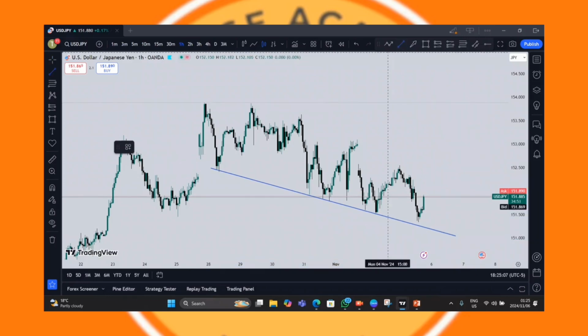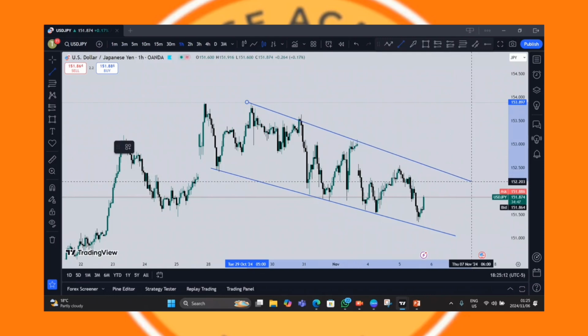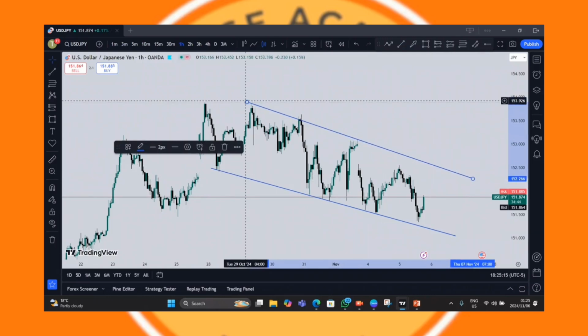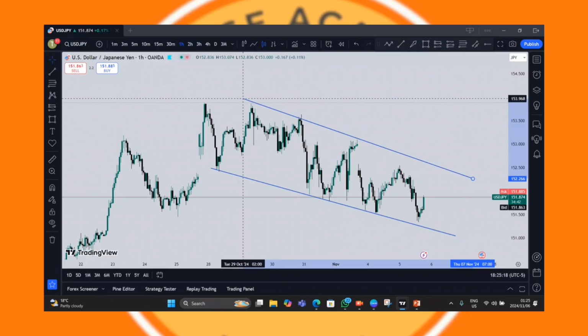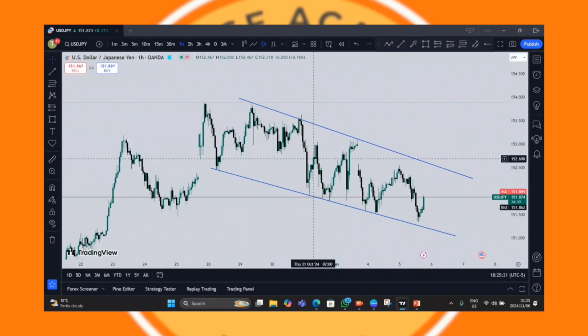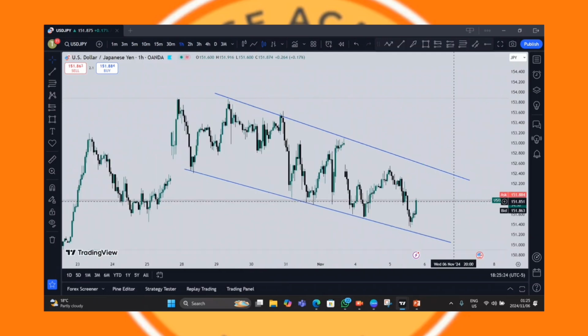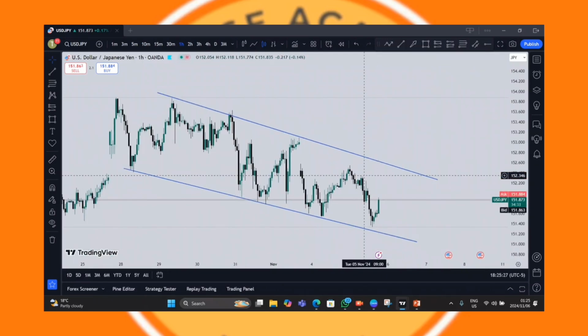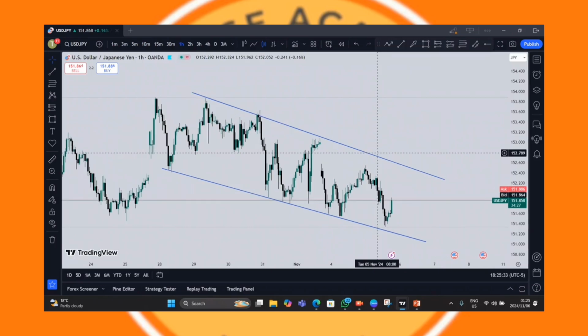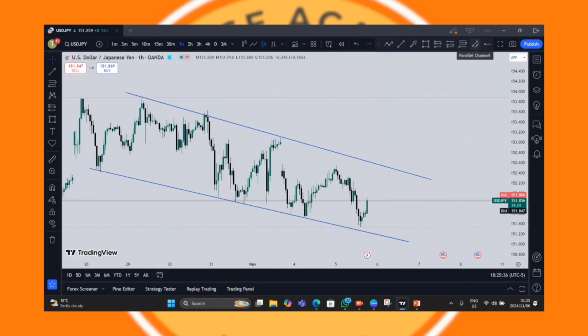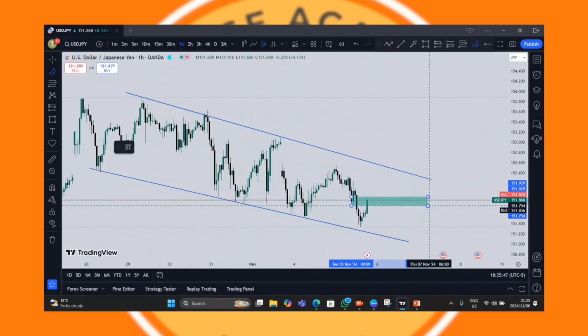So let's just see what's happening here. Okay, I can see a trend line is feasible to draw. Let me just draw this fair value gap because I think I'm going to use it, because there's something that I'm seeing here.